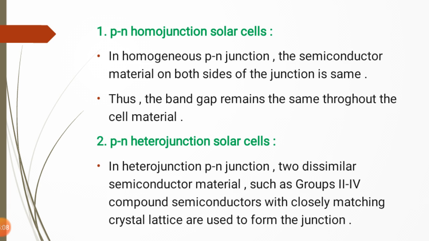We know that the periodic table has different groups, but in particular group second and group fourth there are compound semiconductor materials, and these materials have closely matching crystal lattices and are used to form the junction.